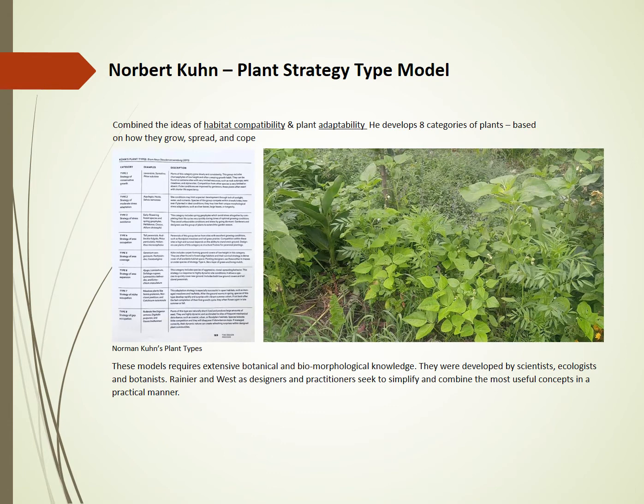German professor Norbert Kuhn combined the strengths of Hansen and Grime's models, that is, plants' preferred habitats, and plants' performance and adaptability to environmental conditions, into one model, and he categorized plants' adaptive strategies into 8 categories as a guide to choosing species. The categories are based on plant spread strategies.